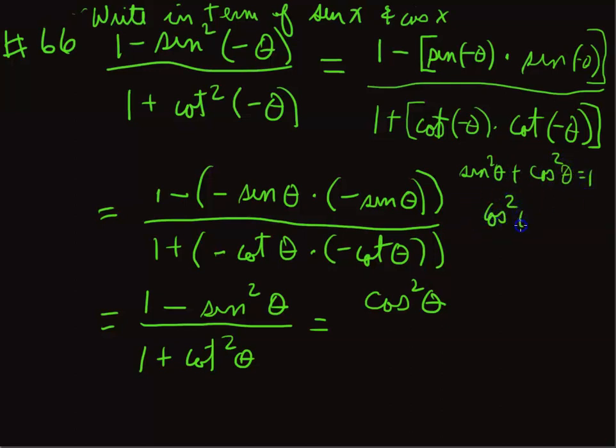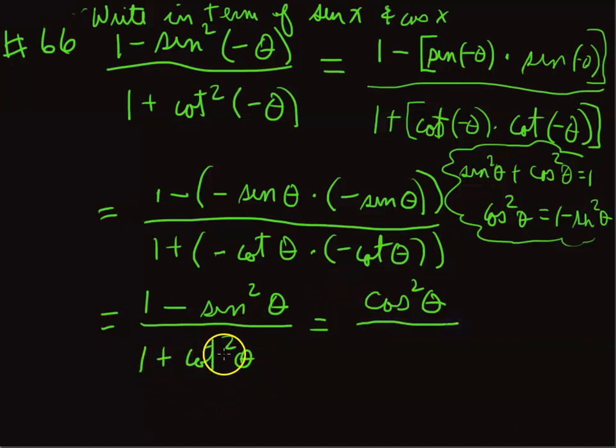So cosine squared theta is 1 minus sine squared theta. So that's what you're thinking here. The same idea here, 1 plus cotangent squared, but you don't have to solve for anything. That's one of the Pythagorean identities without moving things around. That's the cosecant squared theta.